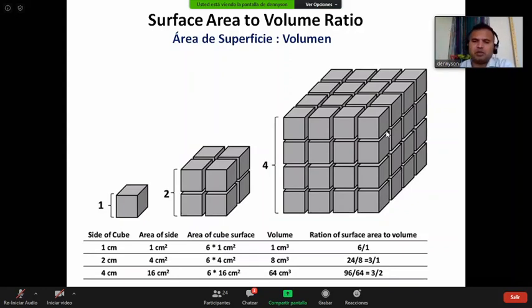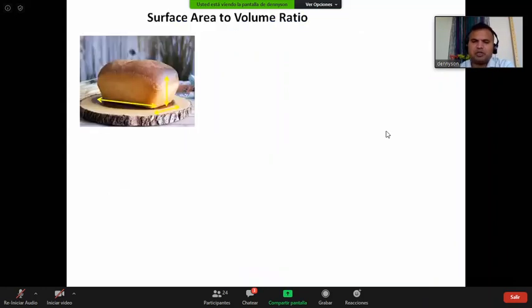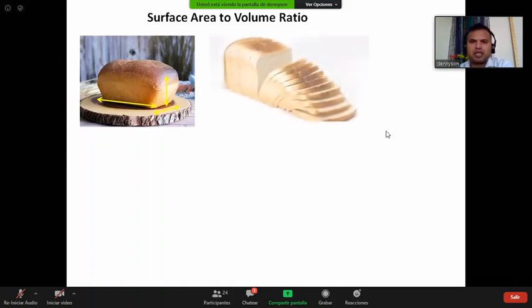This is one example. I will tell you from the day-to-day example. This is a bread pan. If you keep the pan on a table, you can calculate the area it occupies, length and breadth. Very small area. Suppose I cut this pan into slices. One slice will be like this.